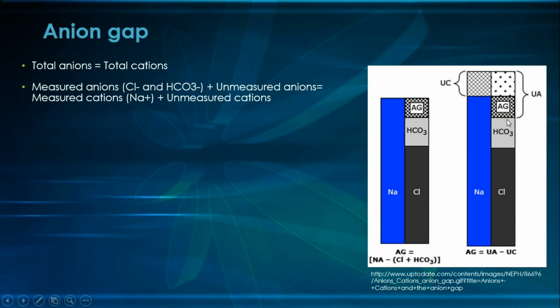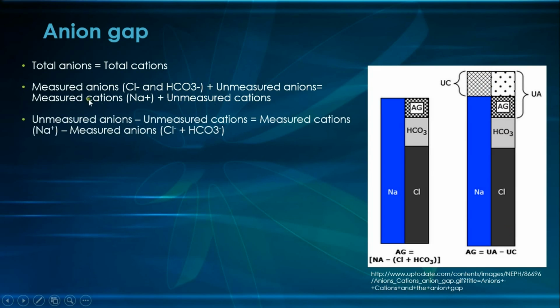So the bottom line, what I want you to understand from this drawing, is that the difference between the measured cations and the measured anions is equal to the difference between the unmeasured anions and the unmeasured cations. And that's also explained by this equation. If we rearrange it, you can see that the unmeasured anions minus the unmeasured cations is equal to the measured cations minus the measured anions.